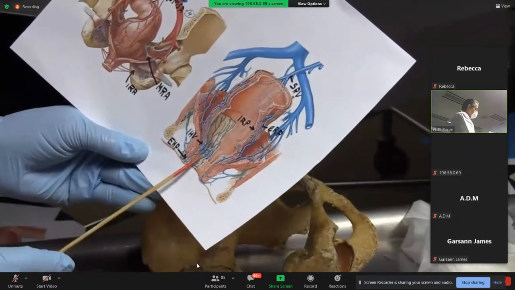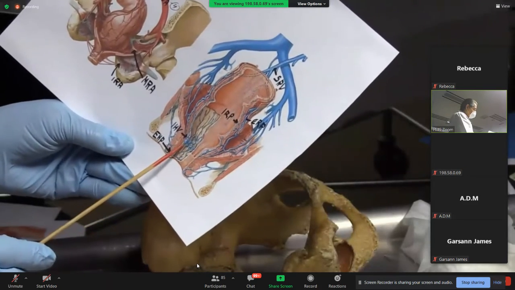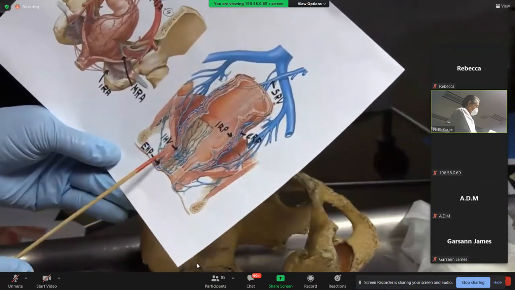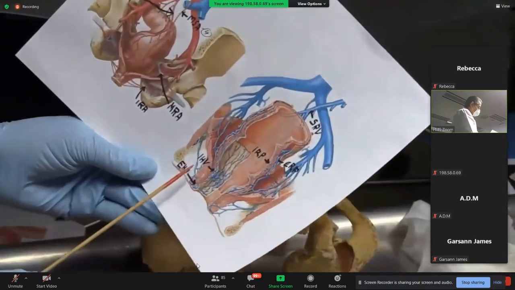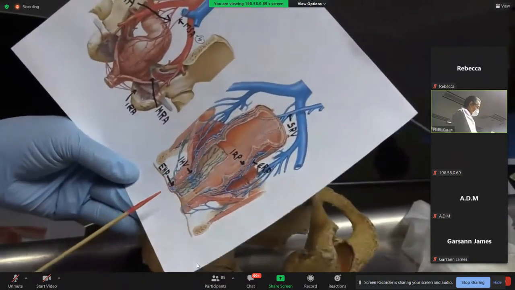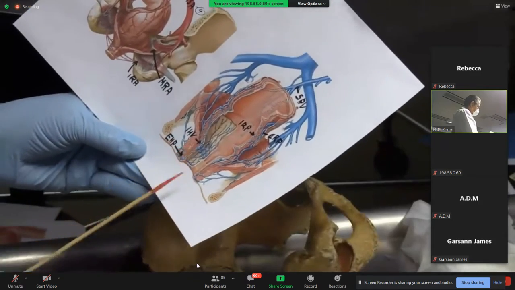This will be the dentate line right here, which I'm going to show you in a little while. The other name for it is the internal hemorrhoidal veins.